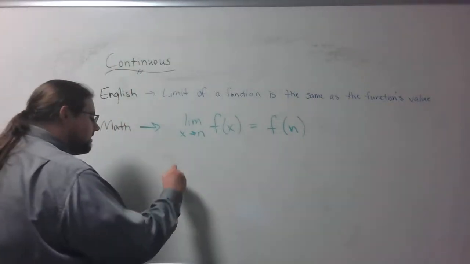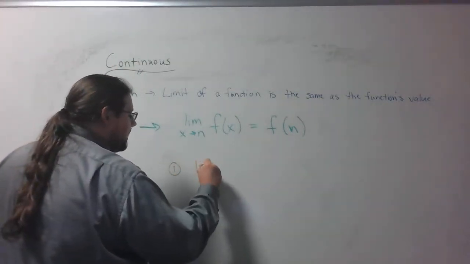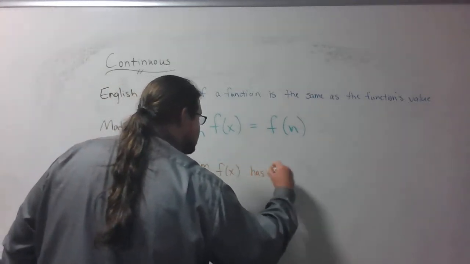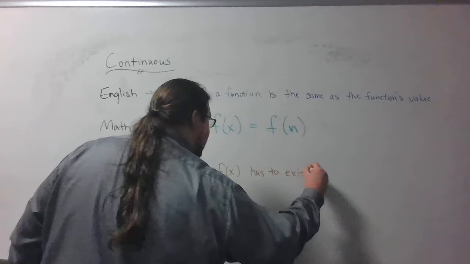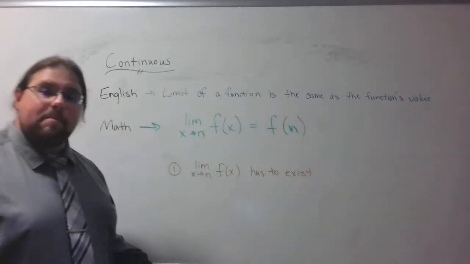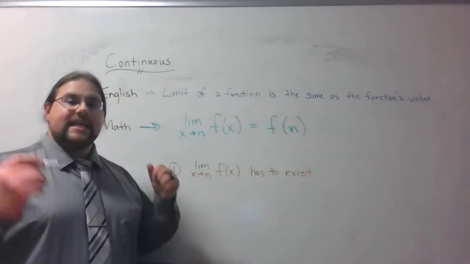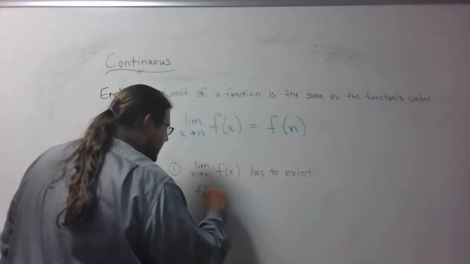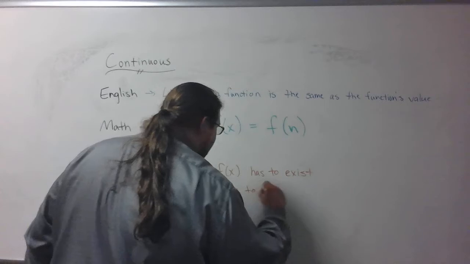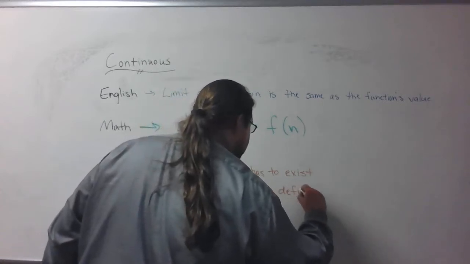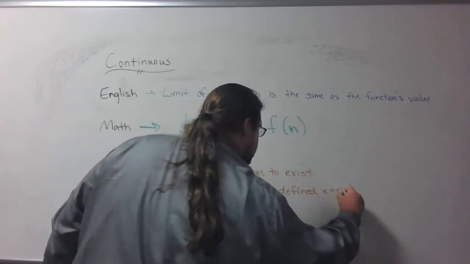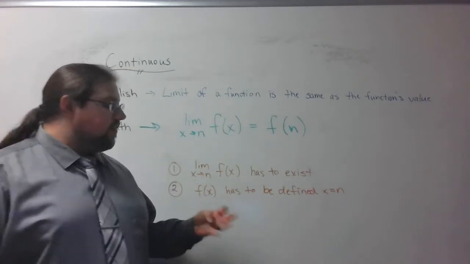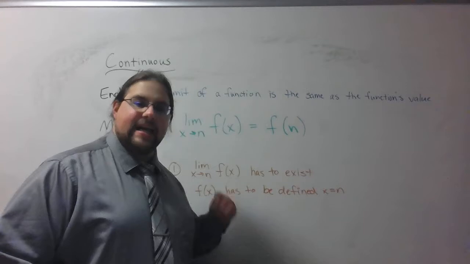The first part is that number one, the limit as x approaches n has to exist. I can't have any DNE limits. That's impossible to be continuous. It has to exist. Number two, the function f of x has to be defined at n. So no dividing by zero, no square roots of negatives, nothing like that where we get an undefined answer.